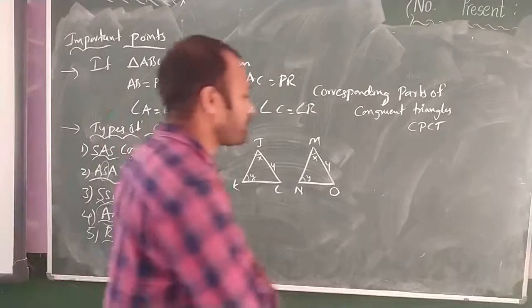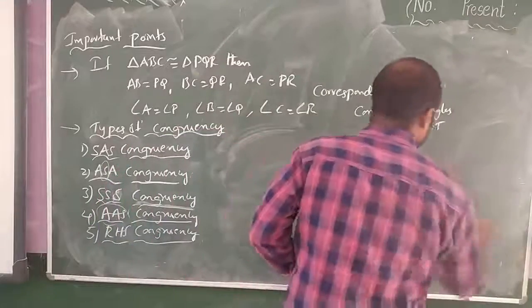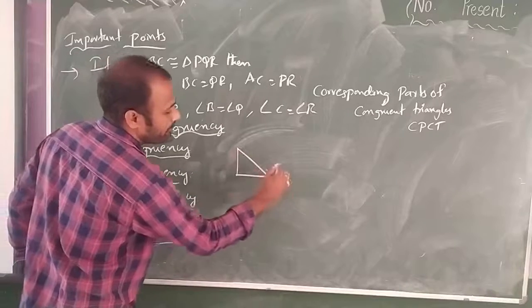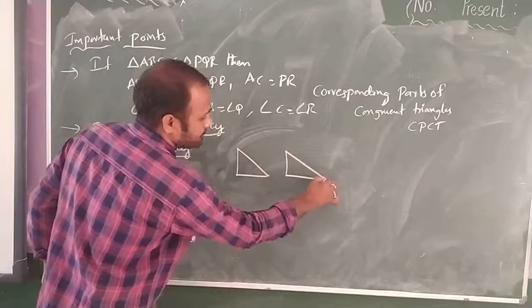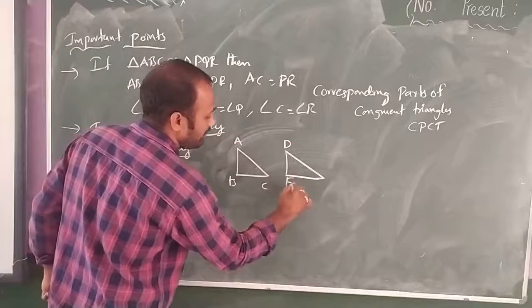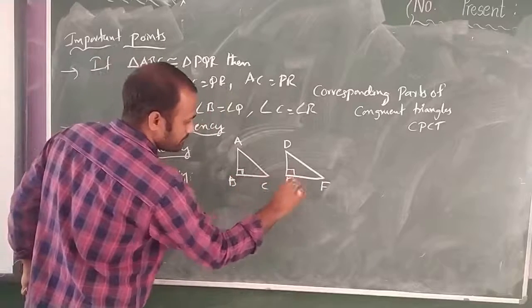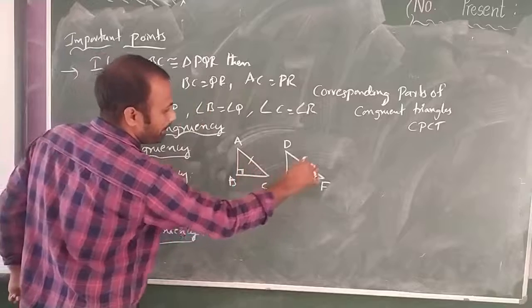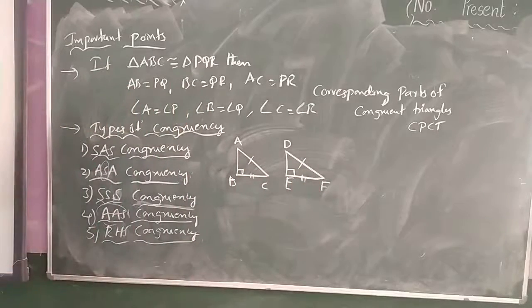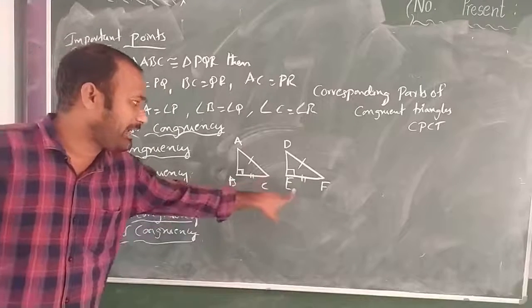Next we have the RHS congruency rule. So in the RHS congruency rule, take triangles A, B, C and D, E, F. So look here, angle B is a right angle, angle E is also a right angle.